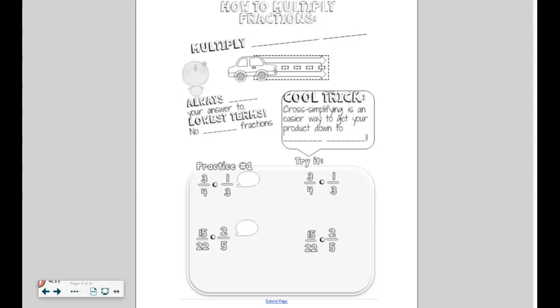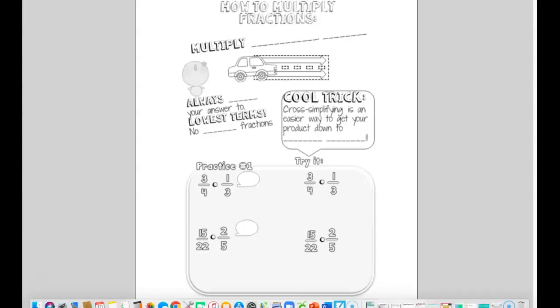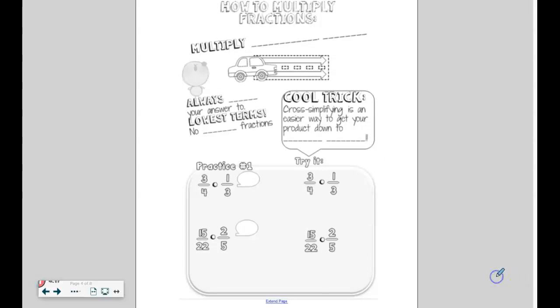So how do we multiply fractions? When we are multiplying fractions, you always multiply straight across. Just think like the lines of the road. We always multiply straight across.